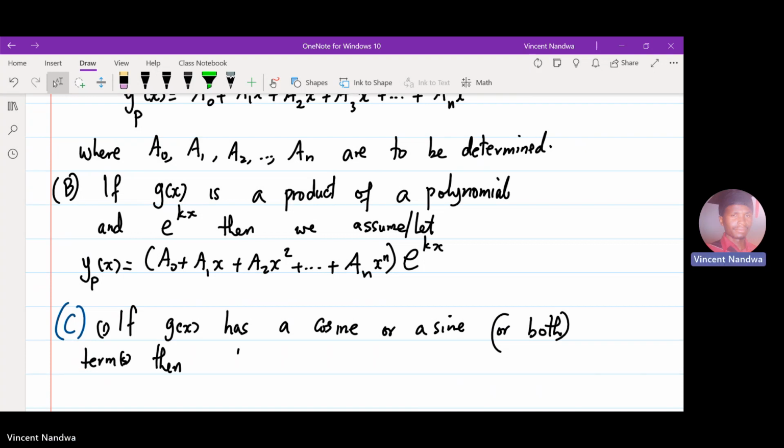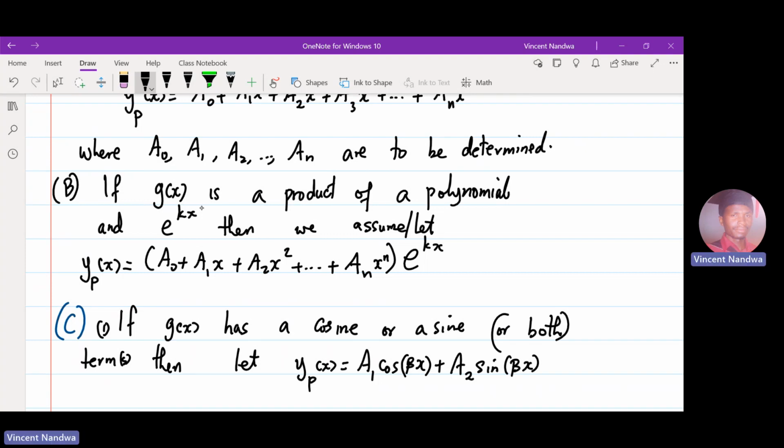then let yp be given by a linear combination of that cos term plus another sine term.